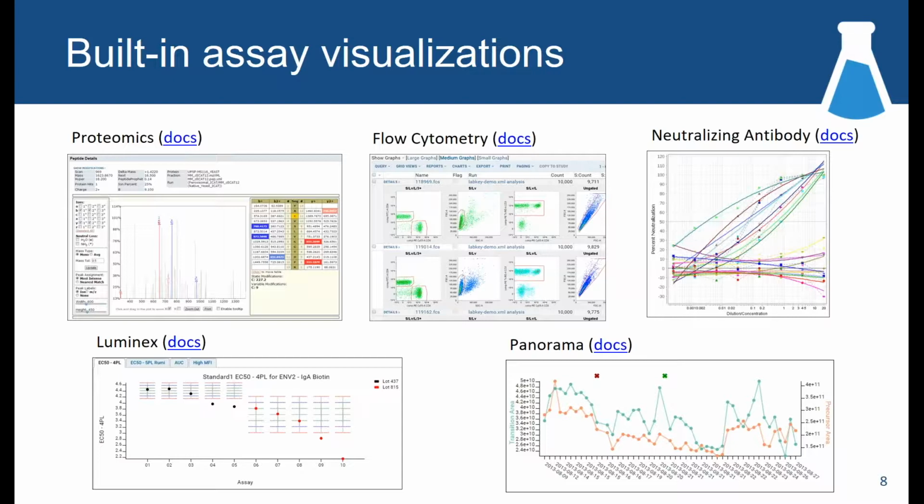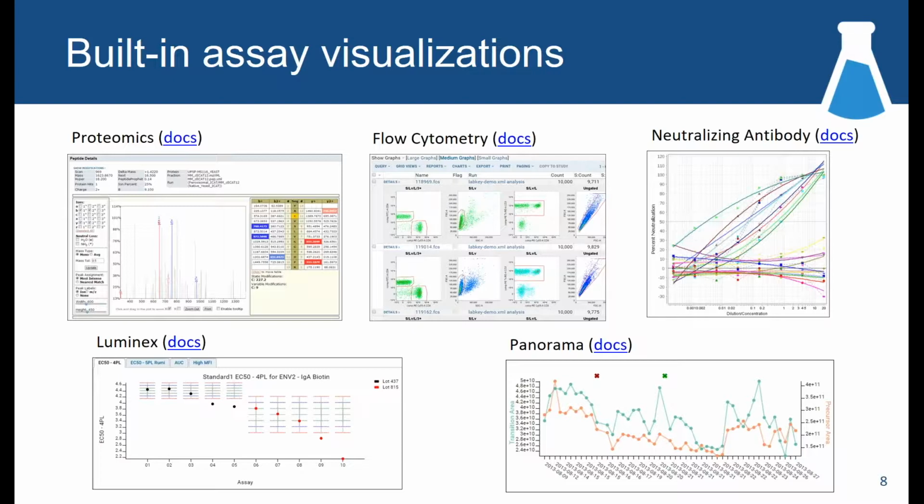For example, the proteomics assay uses visualizations on the peptide details page to view analyzed results from the mass spectrometry data. The flow assay, flow cytometry, has a page where it embeds thumbnail images into the data grids itself to visually represent the analyzed data next to the numerical result sets.